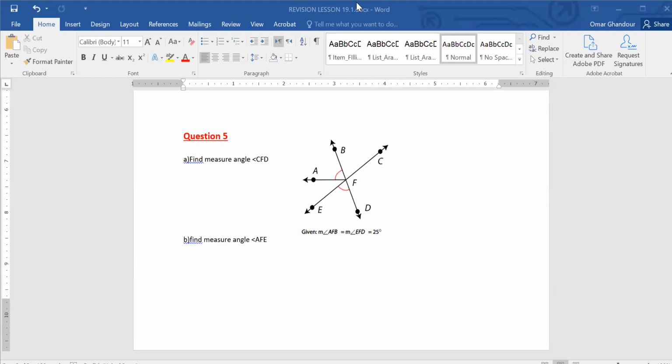Miss, I found B. If you find B, dear, just send the answer. And I want you to solve A and B, even if A, I don't know if you also saw the video or not, so we are going to do A and B.